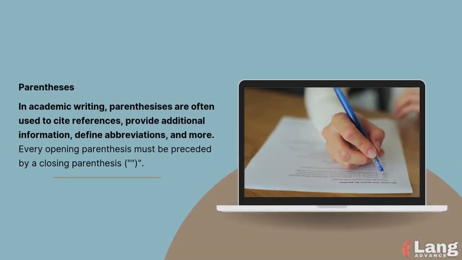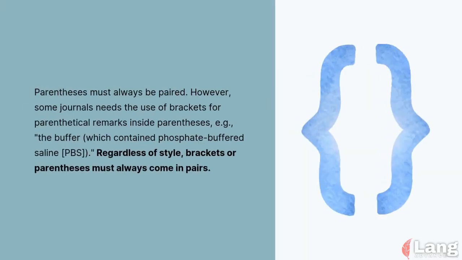Parentheses. In academic writing, parentheses are often used to cite references, provide additional information, define abbreviations, and more. Every opening parenthesis must be followed by a closing parenthesis. Parentheses must always be paired.